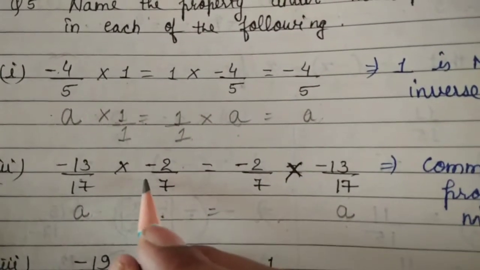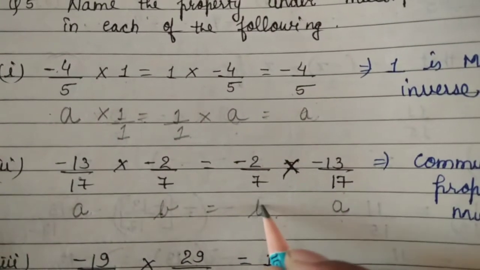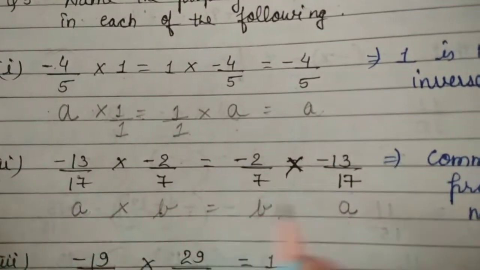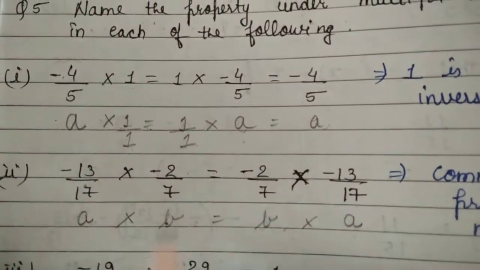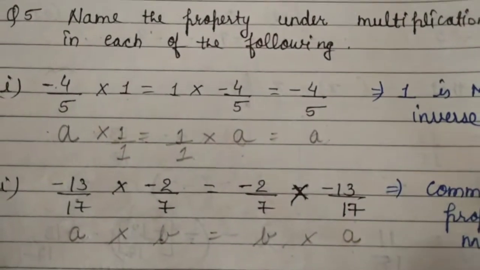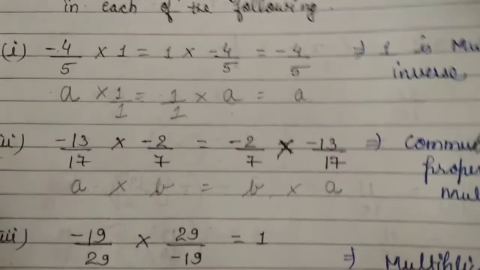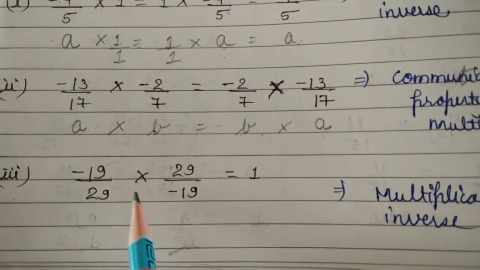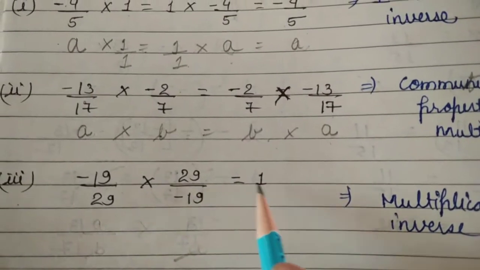And if we take minus 2 upon 7 as B, here our B will come in the front, and in between we have the multiplication symbol. So you can simply see our question is looking like the commutative property for multiplication.